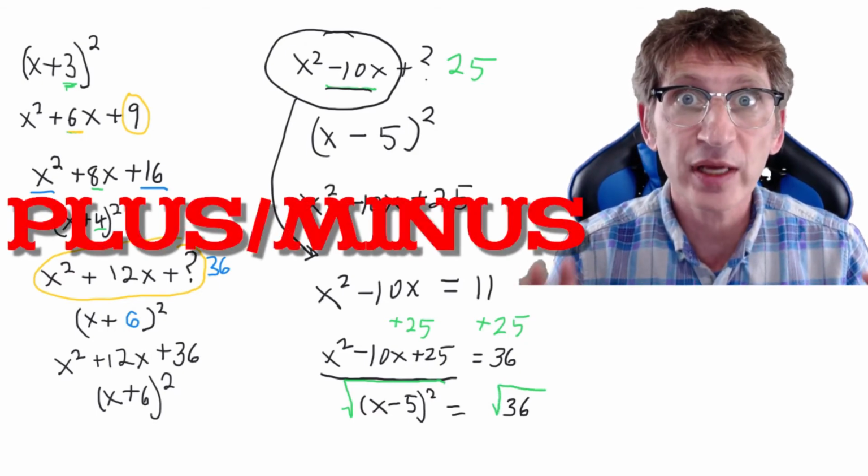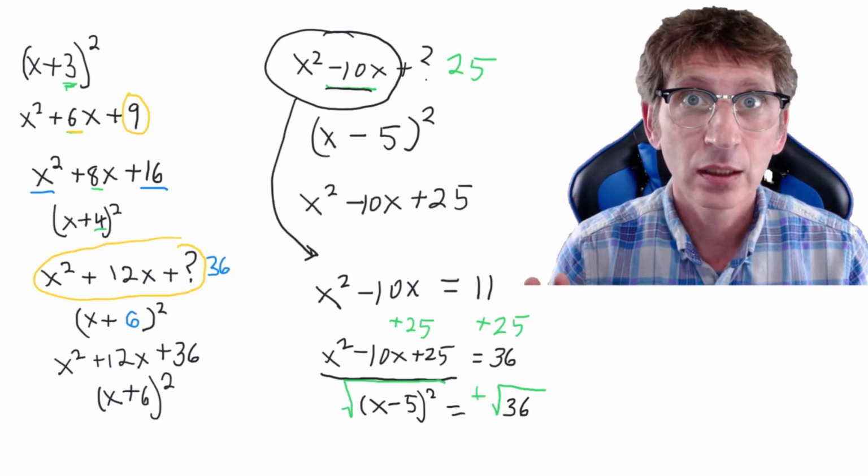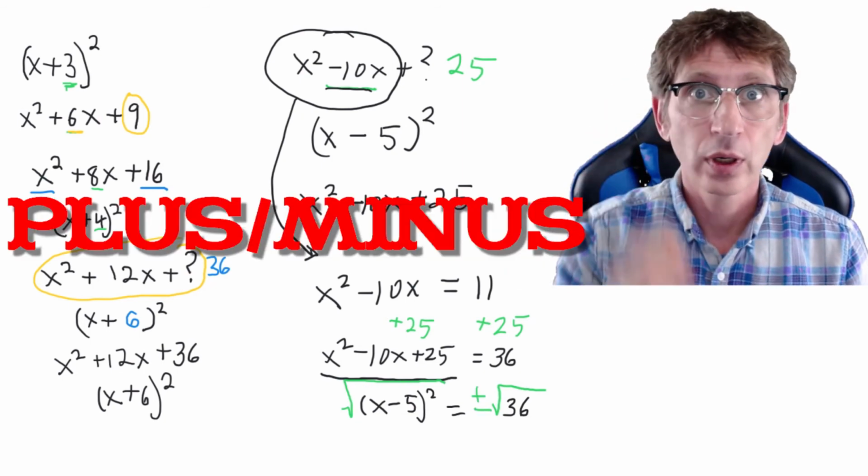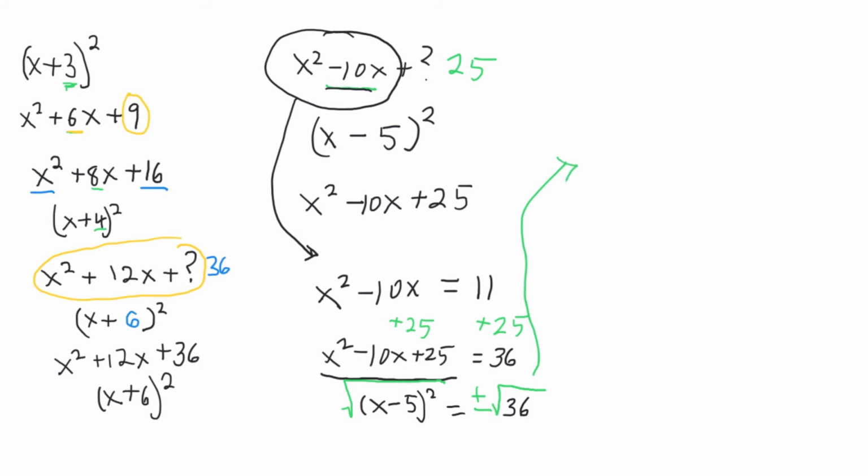Don't forget the plus or minus, because I need both the positive and negative roots. The square root of the left side gives me x minus 5. Square root of the right side, plus or minus 6. The next step, add 5 to both sides, giving me x equals 5 plus or minus 6.